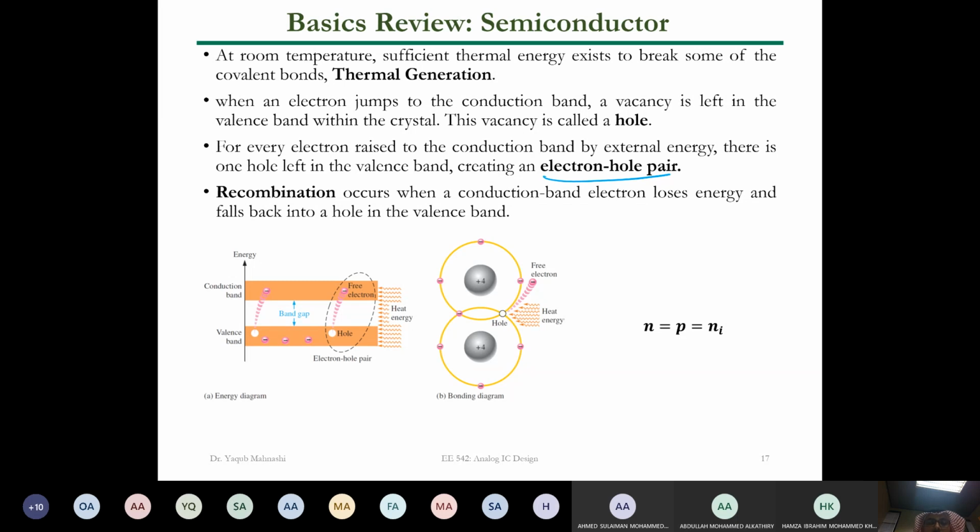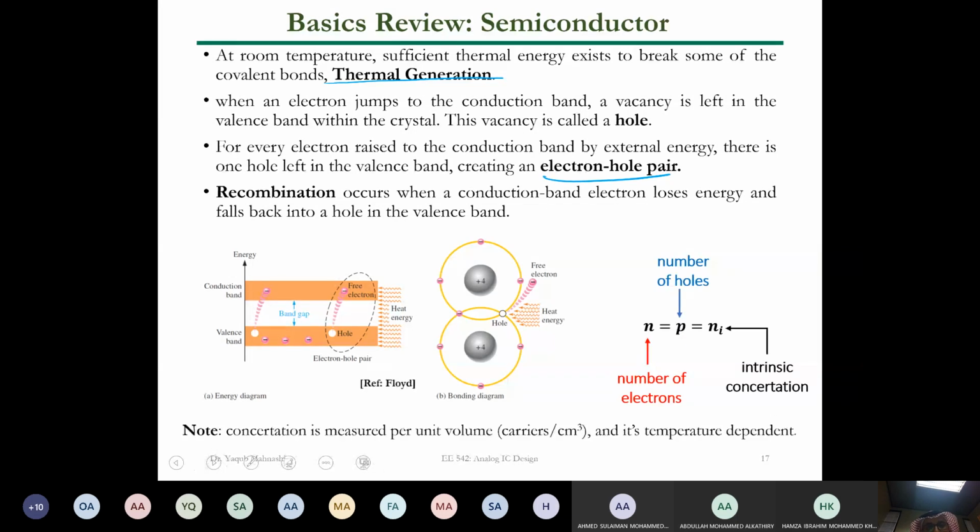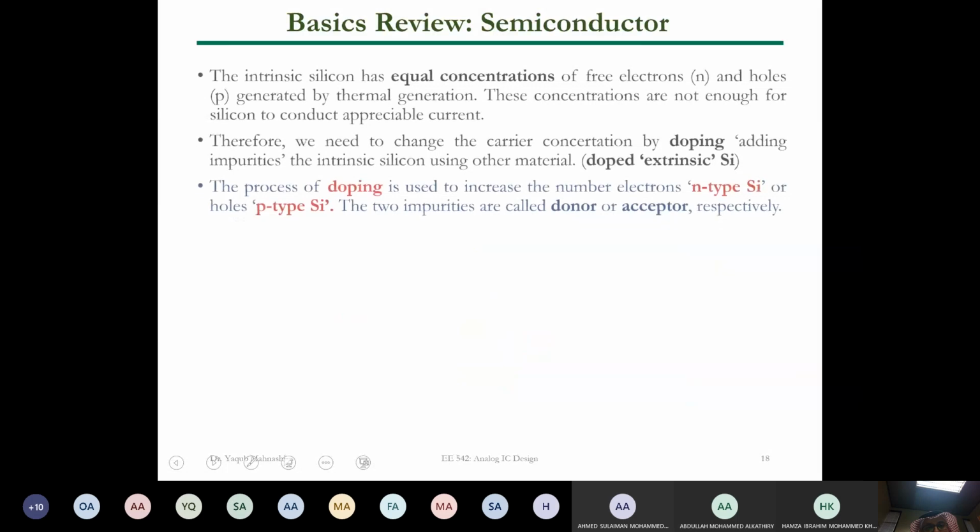And in general, we call it thermal generation. Up to now we don't have real current, only thermal generation. But when you have a voltage connected to that semiconductor, you now create some flow of current. I think it's time for me to stop here, and I will continue next week.